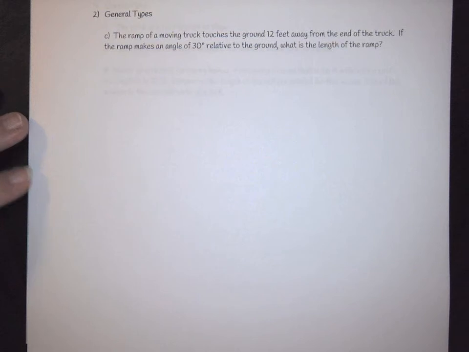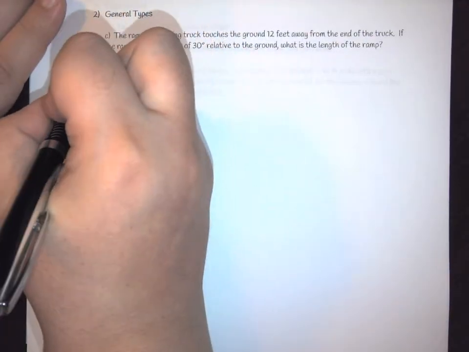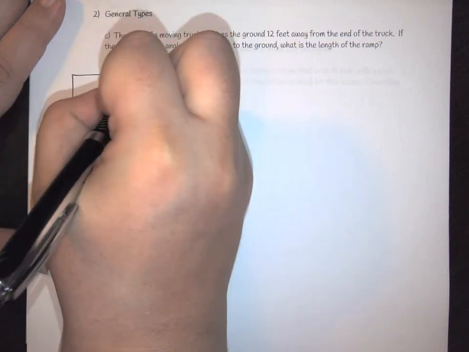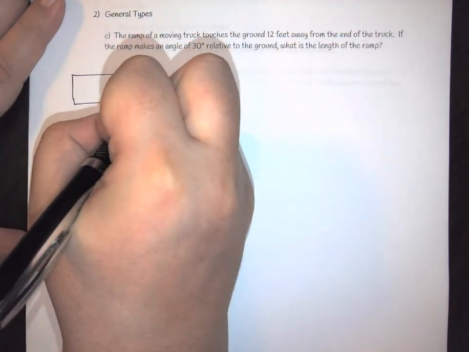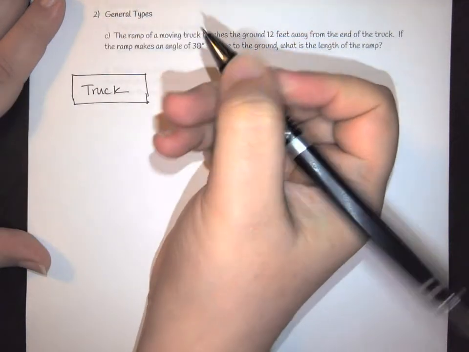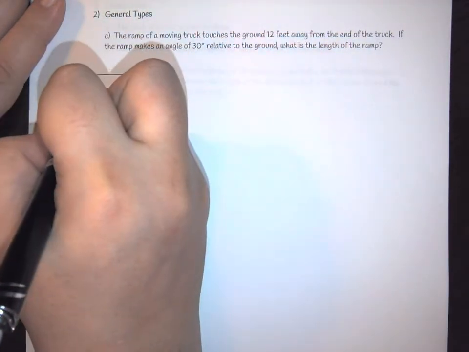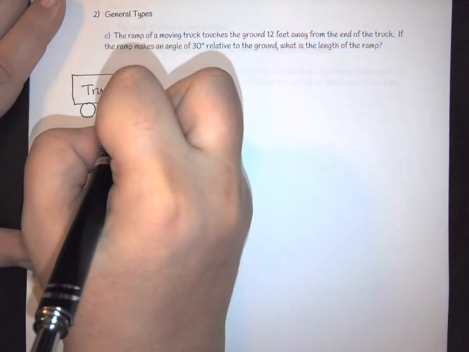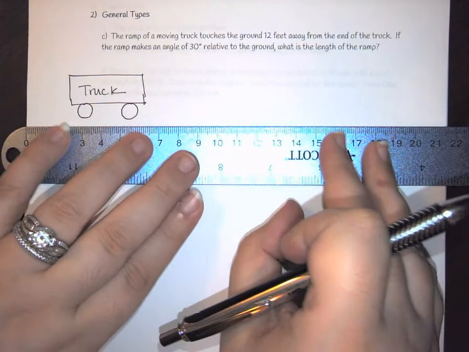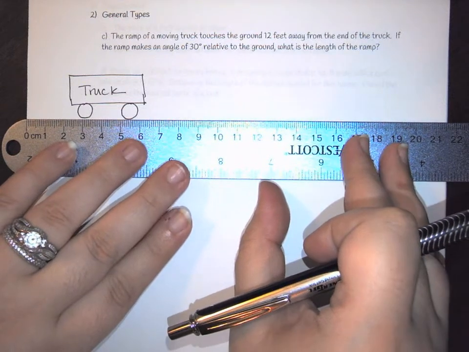So in this case, what do we know? Well, we know we have this truck here. So I would go ahead and just draw myself kind of a rectangle, which is my truck. If you want to go ahead and put your little wheels on, you can, but like I said, it doesn't have to be anything fancy. Now, the one thing that we do know is we know that trucks are going to rest on the ground.